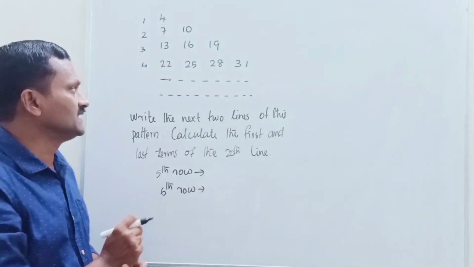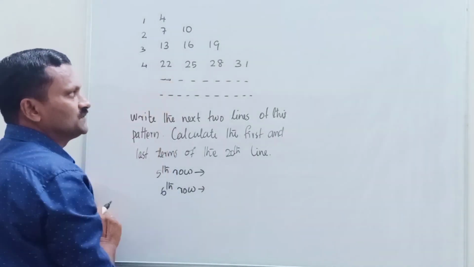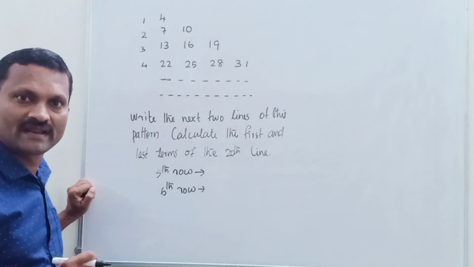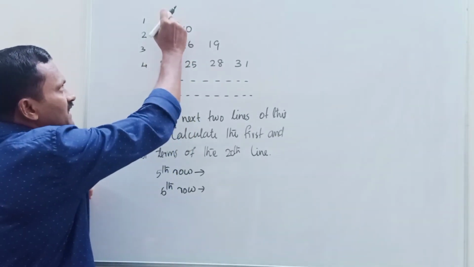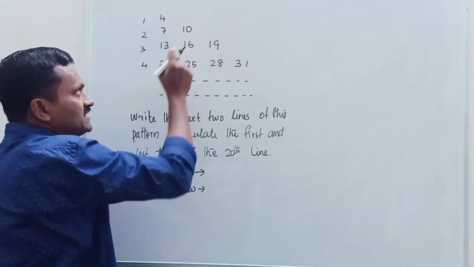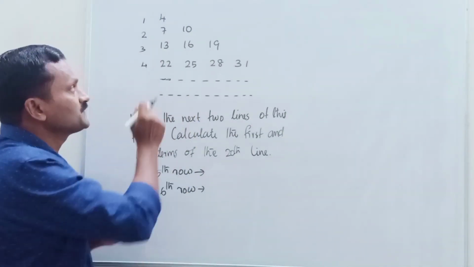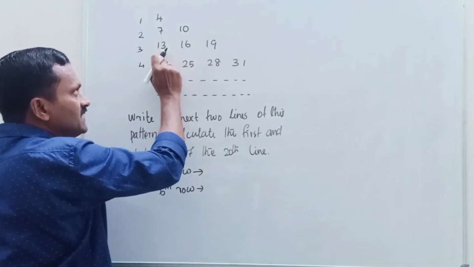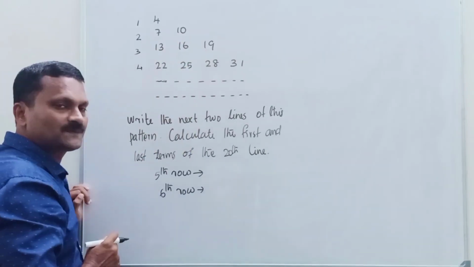How to find the numbers in the fifth row? The numbers occur in a particular order. If we add 3 to each number, that will give the succeeding number. 4 plus 3, that is 7. 7 plus 3, that is 10. 10 plus 3, 13, and so on.